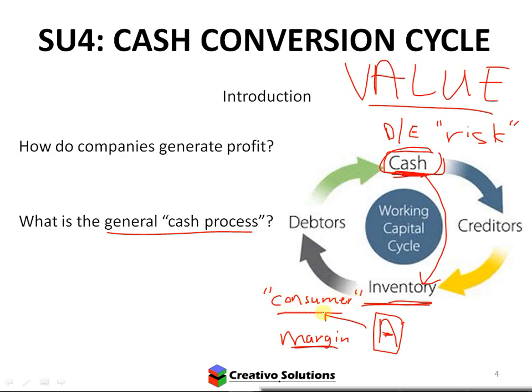Value for the consumer and value for the business, because now the business's risk has been rewarded because inventory has now been sold at a markup or a margin that generates profit over the long term.